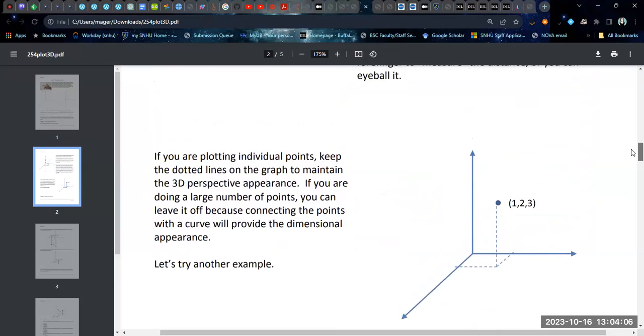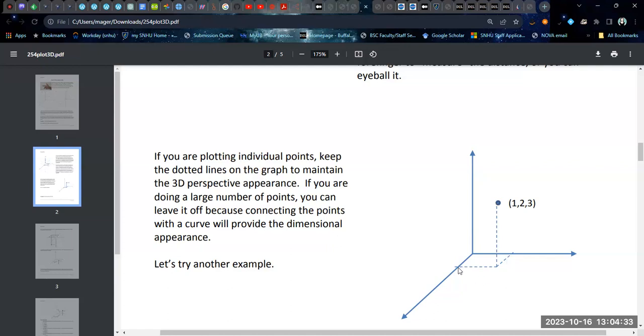And so what that's going to look like is this. So I took my 3 units that I had measured up in the z direction, and starting from that point 1, 2 in the plane, I then counted up from there. Now, when you're drawing points in 3D, if you just sort of eyeball this and plot it, it's not going to look like it's at the point 1, 2, 3.